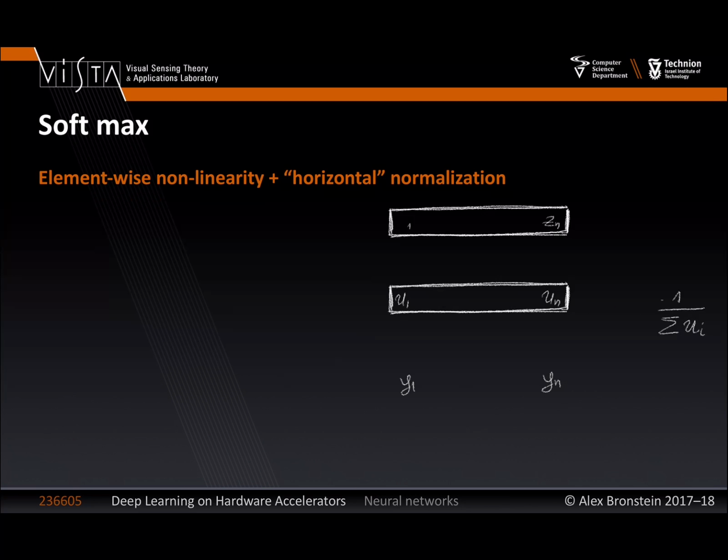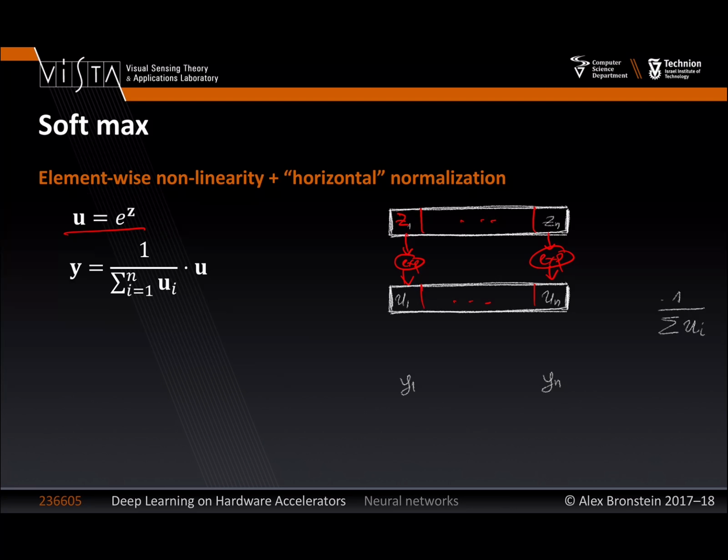Okay, so softmax. You can think of softmax the following way. I have a vector with elements, let's say z1 to zn. I first apply the exponential element-wise and obtain another vector with the same dimension, which I will call u.